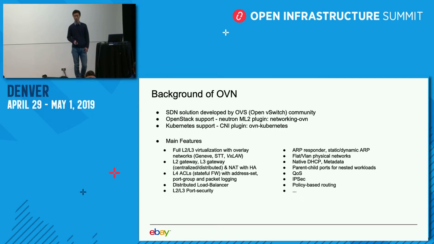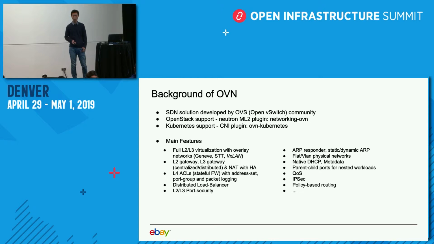So basically, OVN is an SDN solution developed by the Open vSwitch community, which is well known for its virtual switch running OpenFlow. The same community, which has the best expertise for Open vSwitch, developed this SDN solution for operating OVS and running overlay networks and all the SDN features.